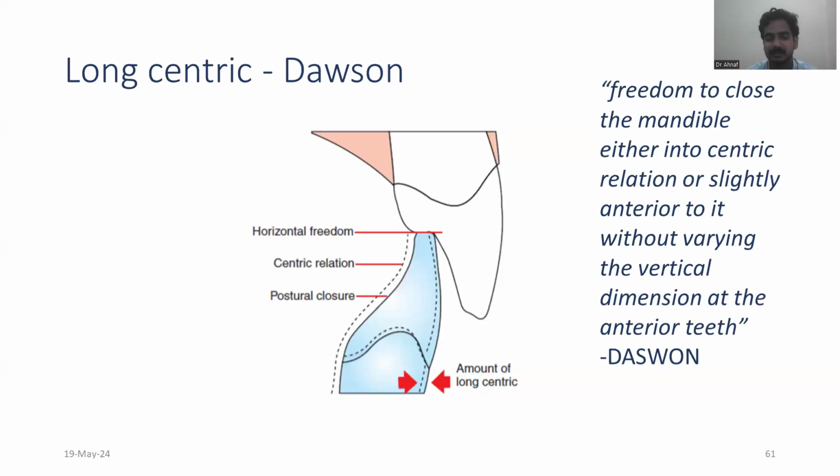If you see the picture, you can see the dotted line on the teeth, the horizontal freedom. They are marked in red color, the amount of long centric. So we can close the mandible either in the centric or slightly anterior to it without any change in vertical dimension. That is known as long centric.